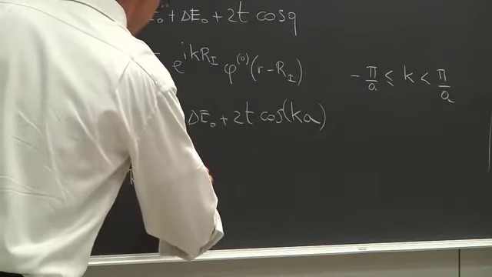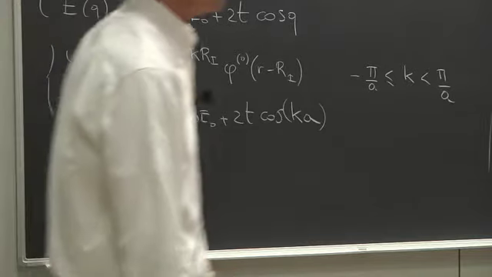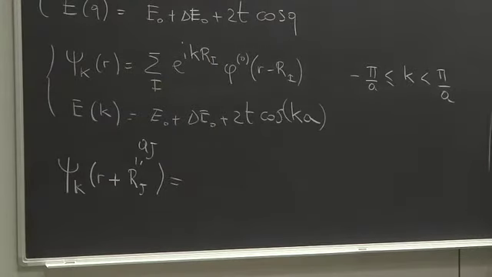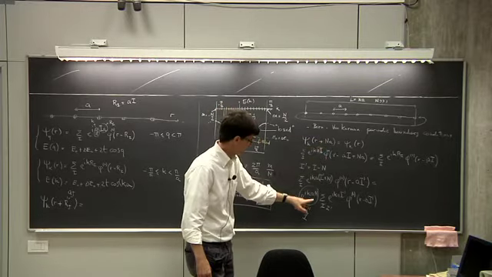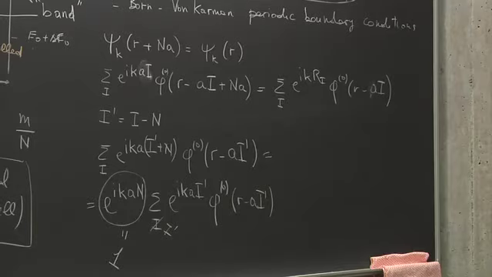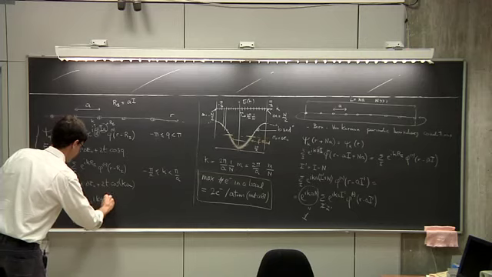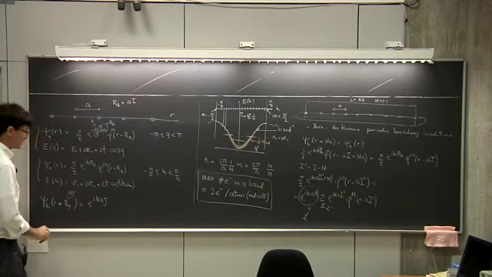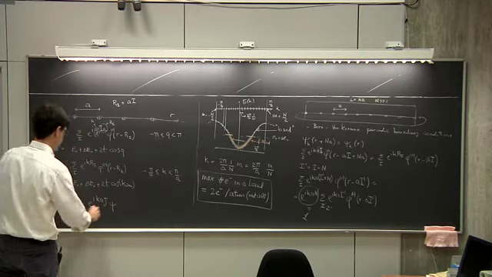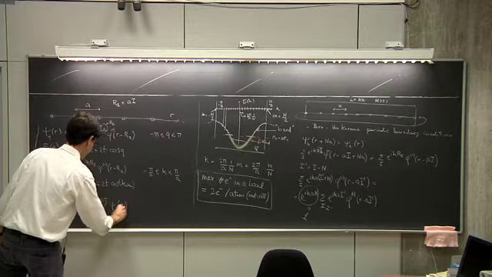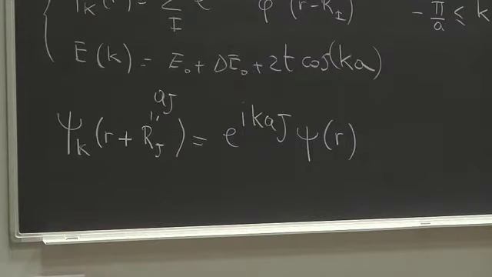What's happening if I do that? I can just replace j with n. Here I go. What I get is e to the i k a j times the same wave function, that is psi of r.